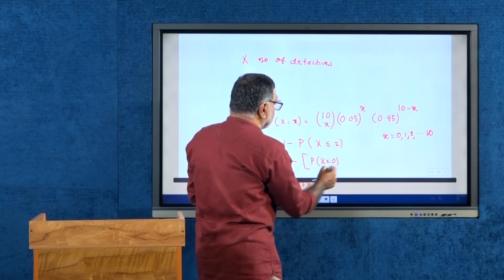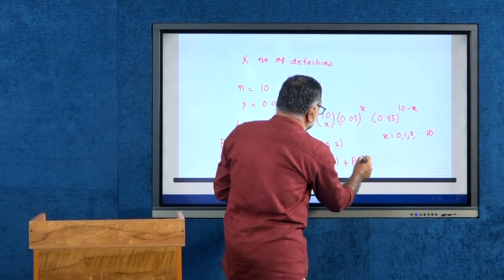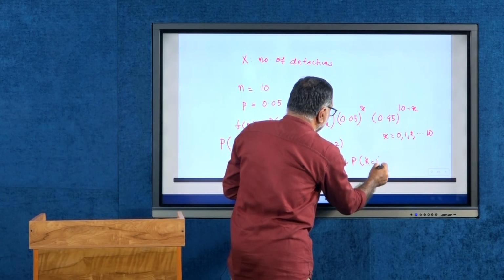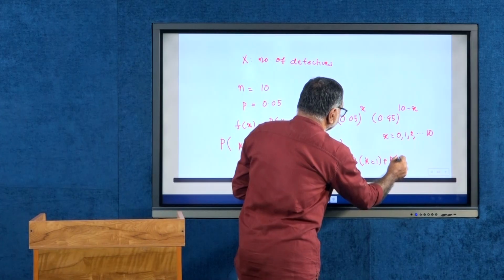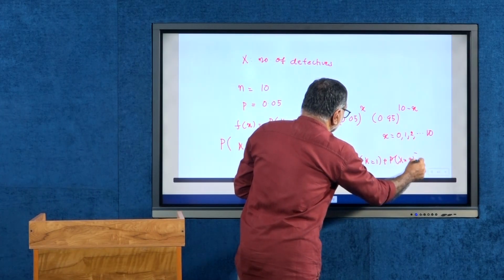probability of X equal to 0 plus probability of X equal to 1 plus probability of X equal to 2.